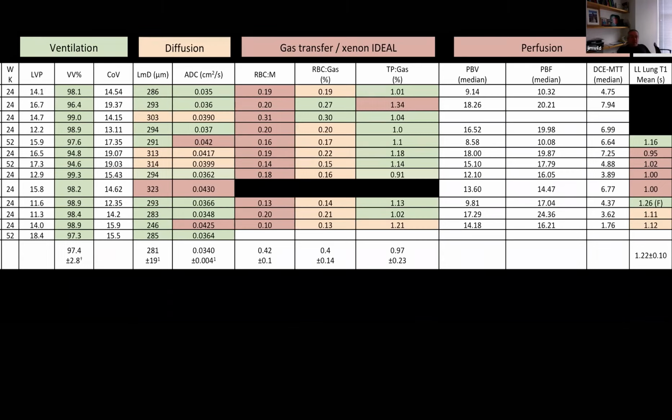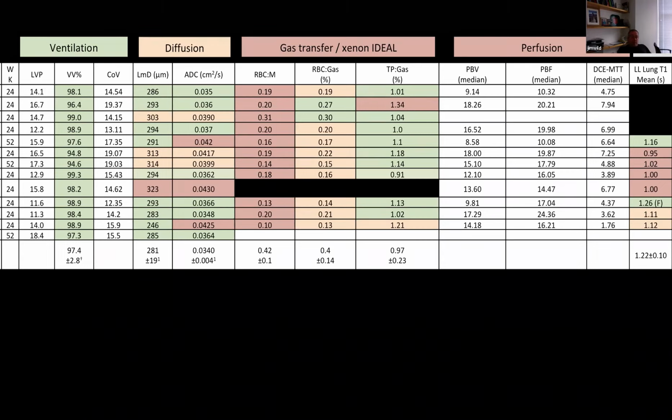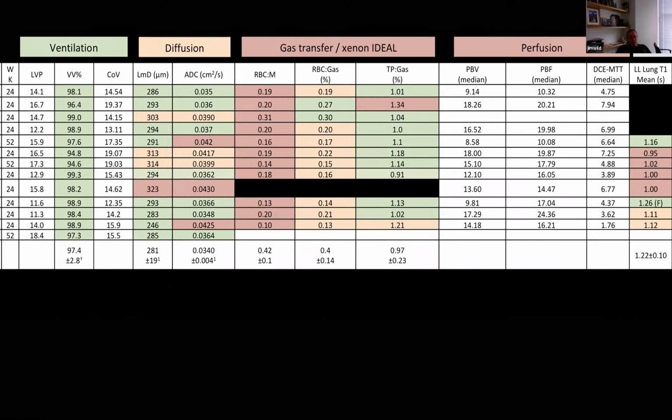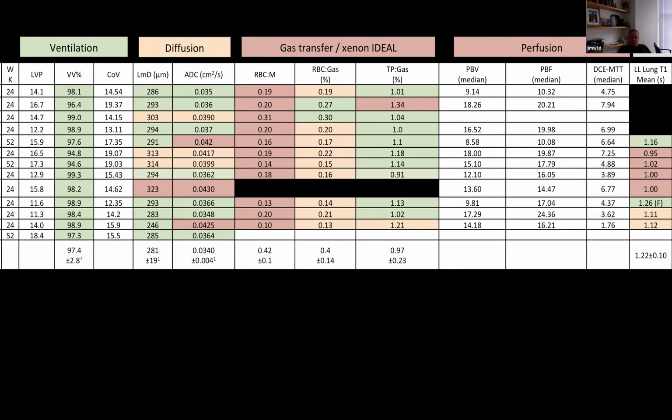And again, the ventilation volumes not massively. Here the ventilation volume VV percent is the inverse of the ventilation defect percentage, so it's 1 minus the ventilation defect percentage. But in those patients, again, not a massive amount of ventilation heterogeneity either. Usually where we see it is where it corresponds to structural abnormality.